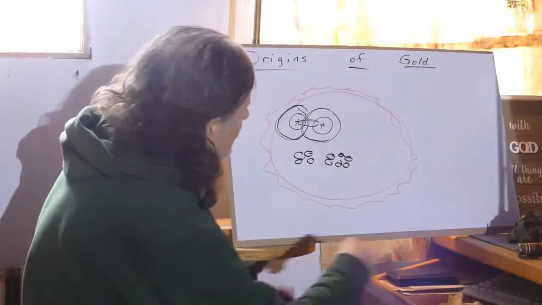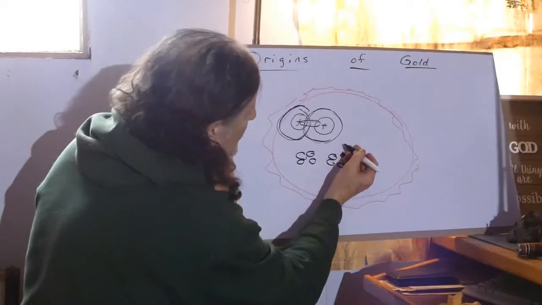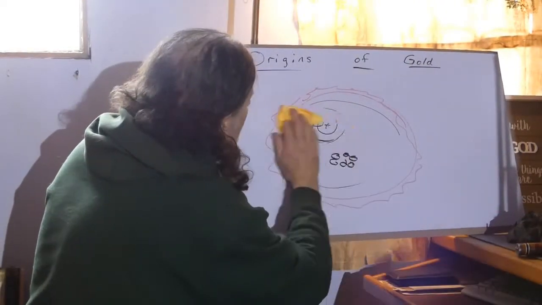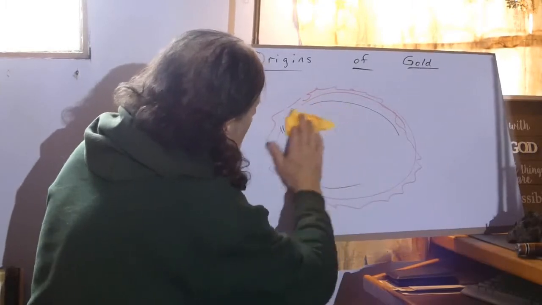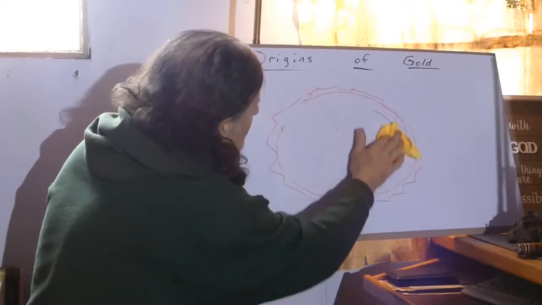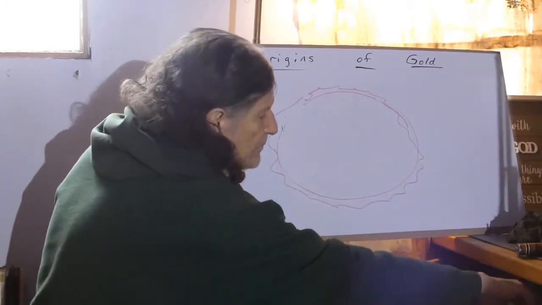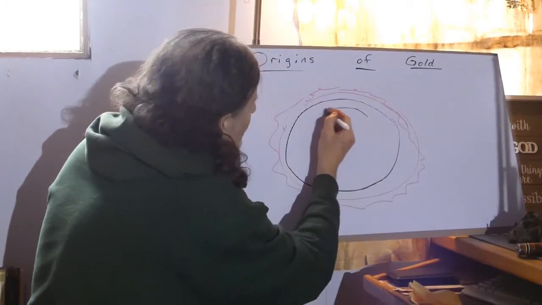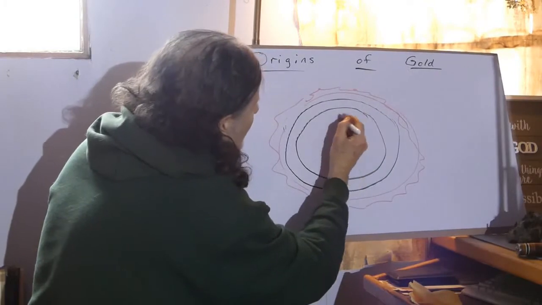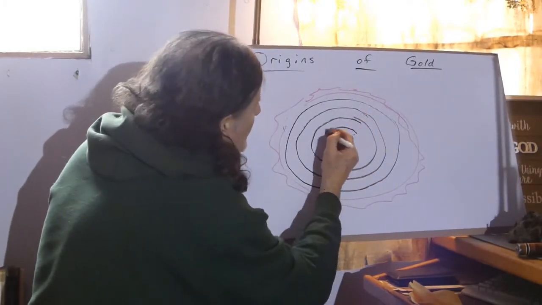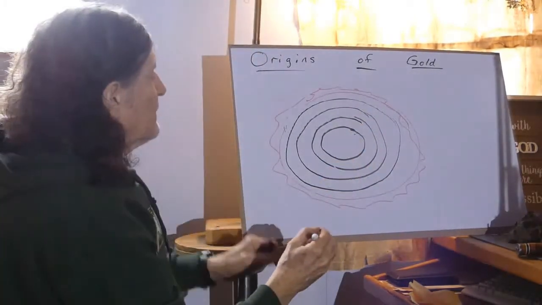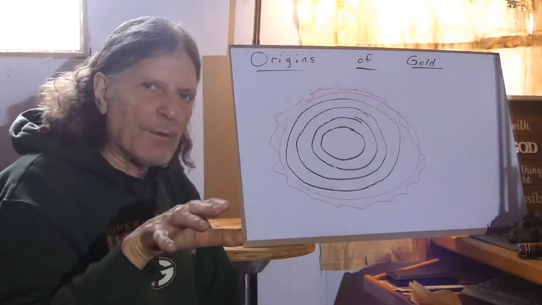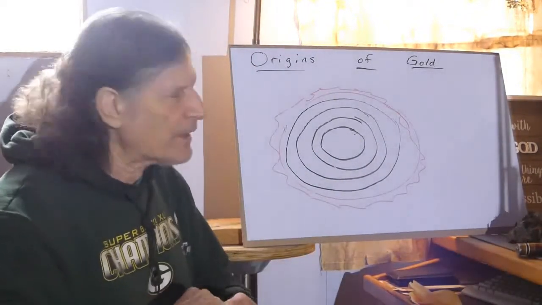As you get closer and closer to the center of the sun, you have these layers. You have different layers of materials, each layer with higher and higher numbers of fused protons.